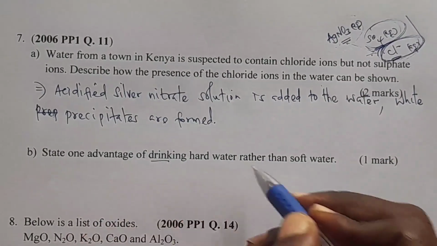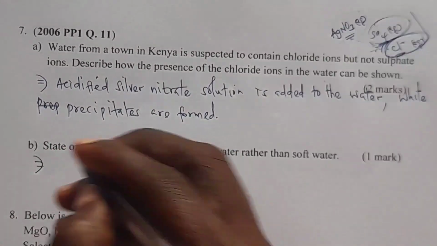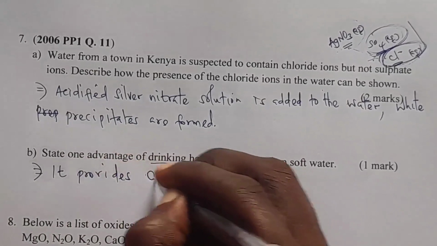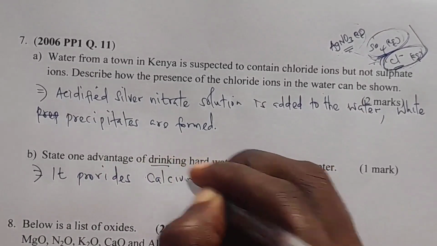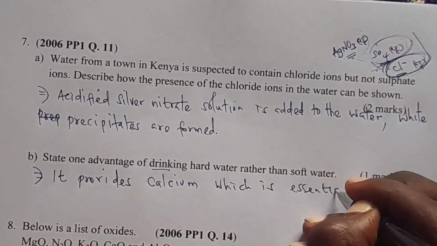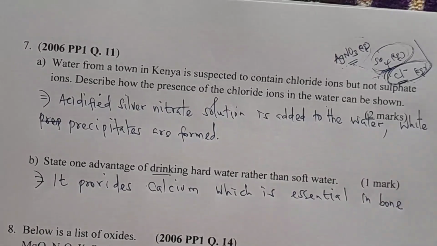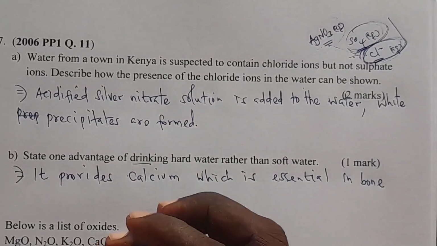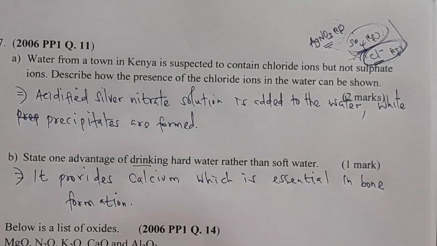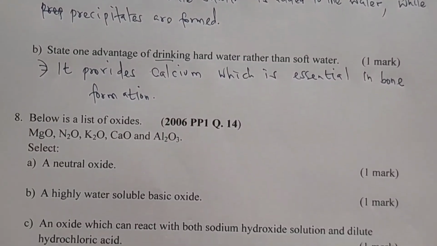So we use the one that says hard water provides calcium ions, which is essential in strengthening bones. That's the advantage of drinking hard water rather than drinking soft water.